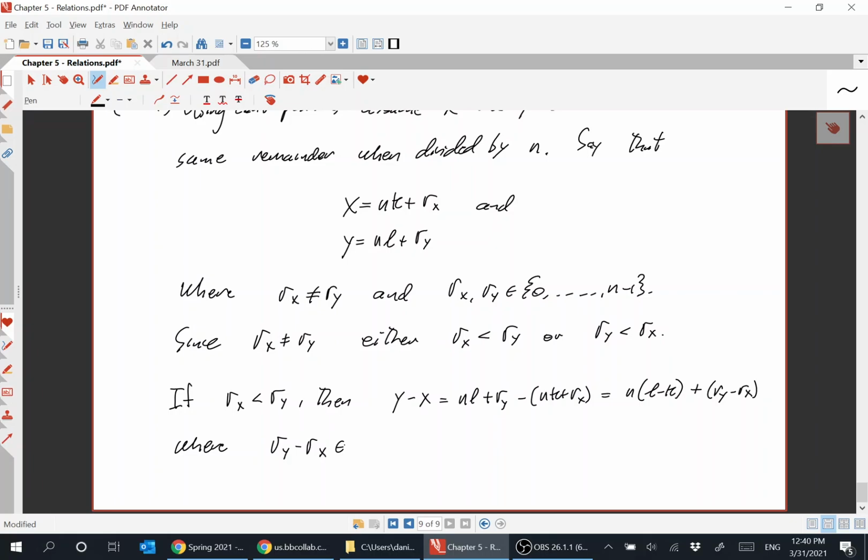So ry and rx, these two remainders are unequal, but y is bigger than x. So where do ry and rx land?